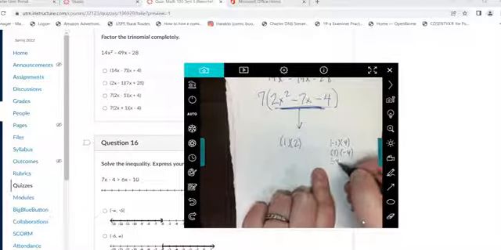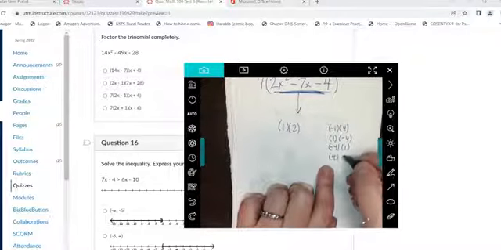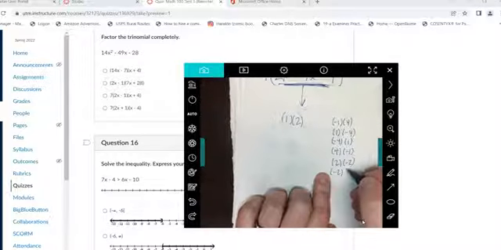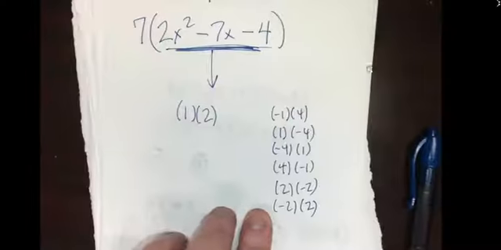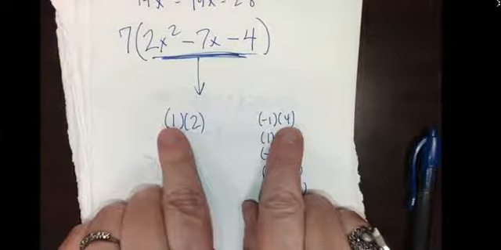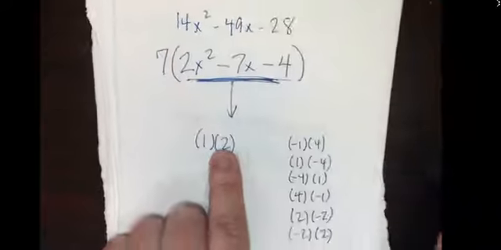Or negative 4 and 1. Or 4 and negative 1. Or 2 and negative 2. Or negative 2 and 2. What I'm looking for here is a pairing where the outside product plus the inside product is going to give me negative 7.